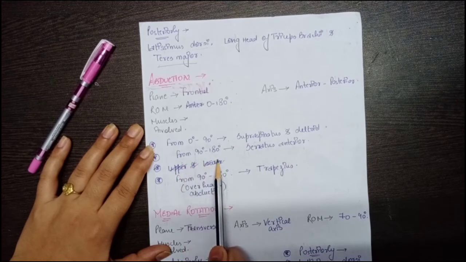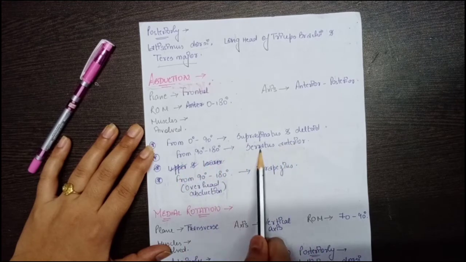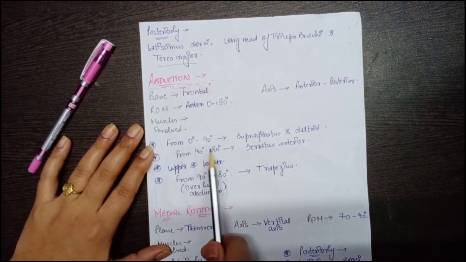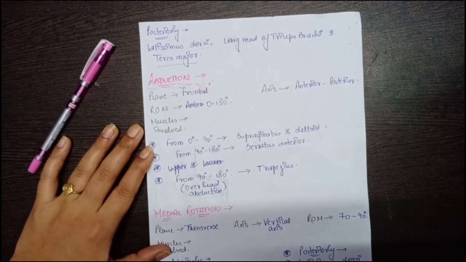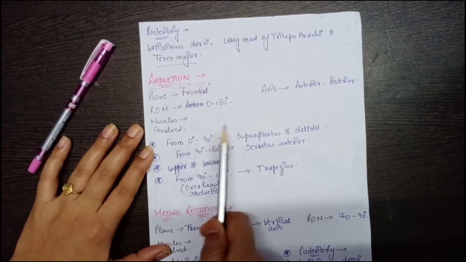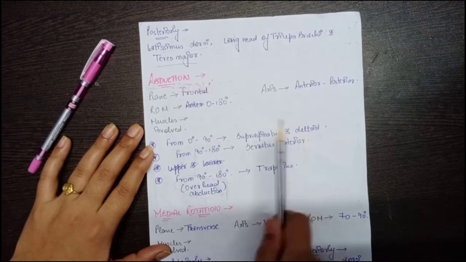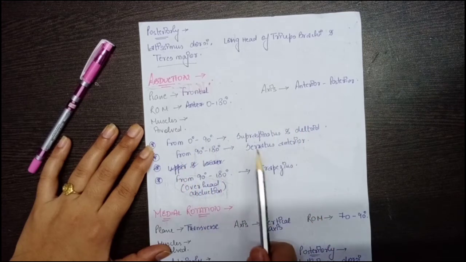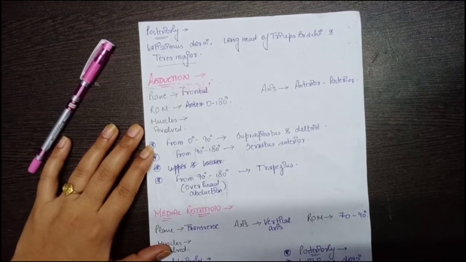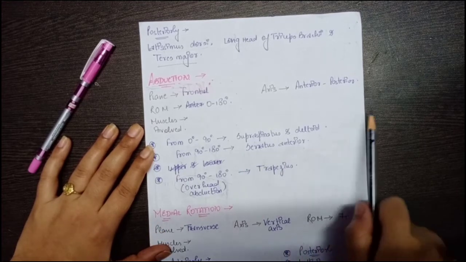From 90 degree to 180 degree is known as overhead abduction.